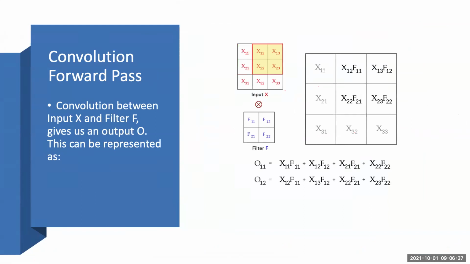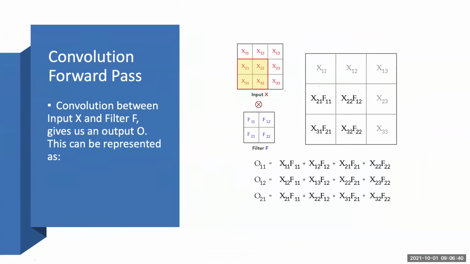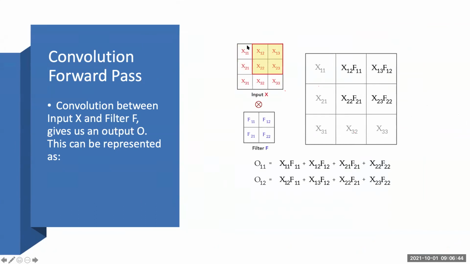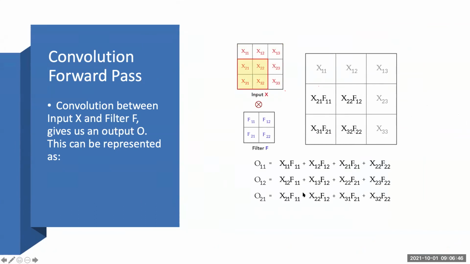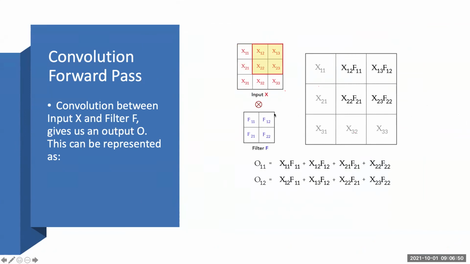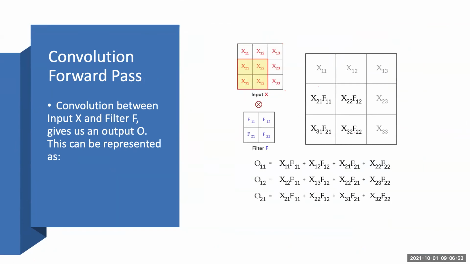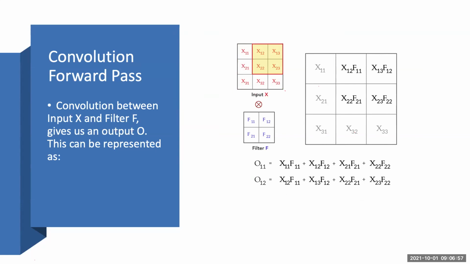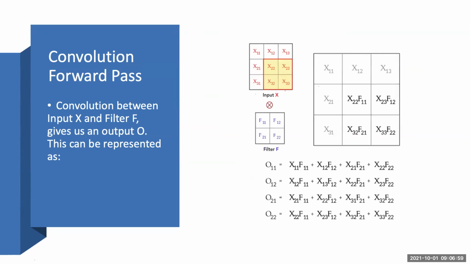Okay, so that's basically what this GIF is saying. Place the filter over each section of the input, and then you get your corresponding output for that section. So when you convolve the entire input and the filter here, you get something like this at the end.